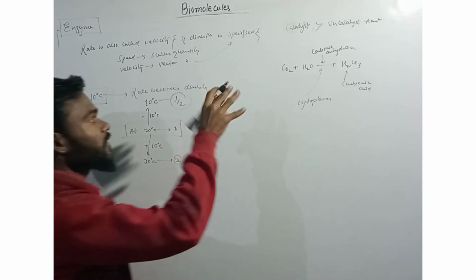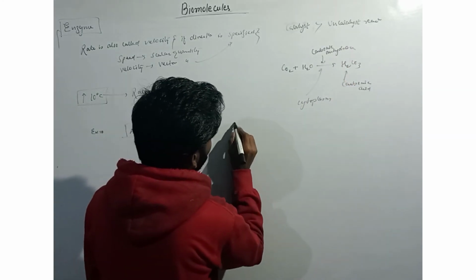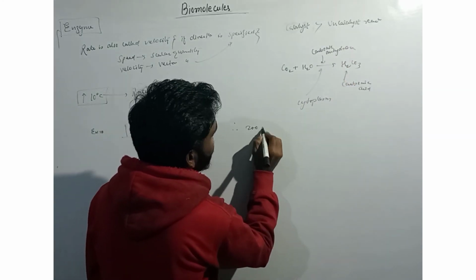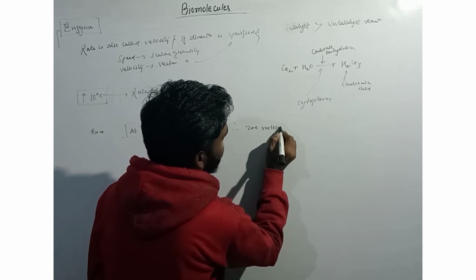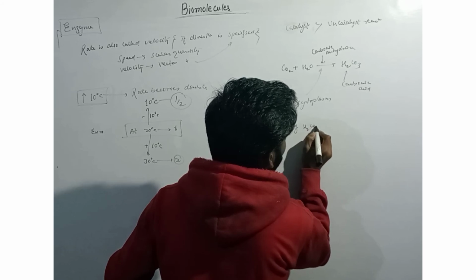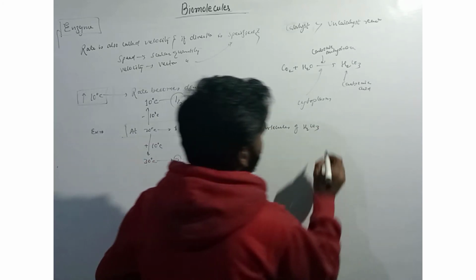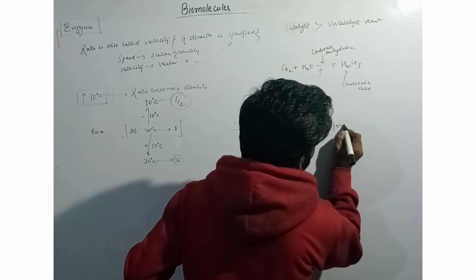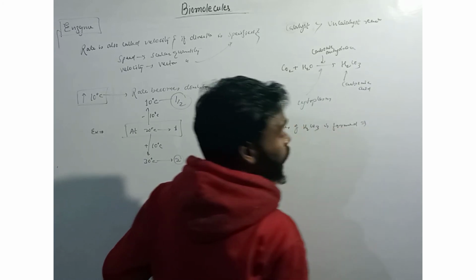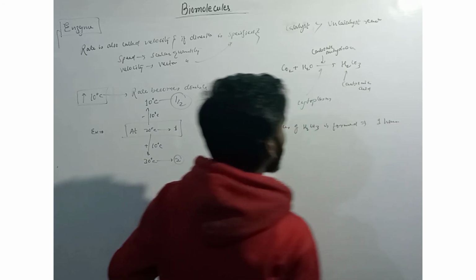Without carbonic anhydrase, that is without the catalyst, please remember, 200 molecules of H2CO3, carbonic acid, are formed in 1 hour.